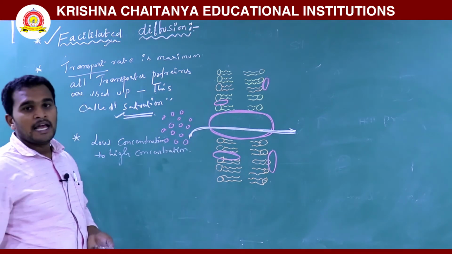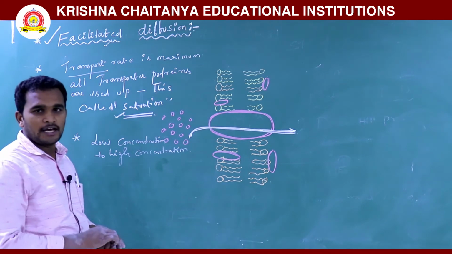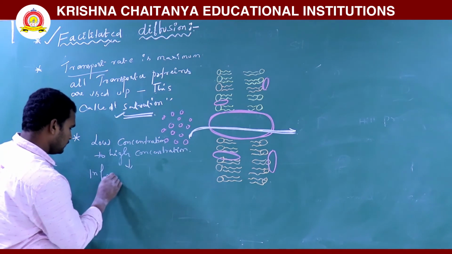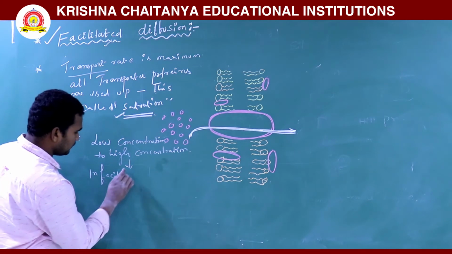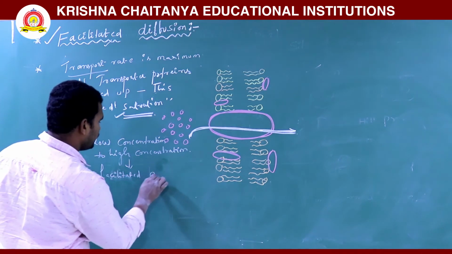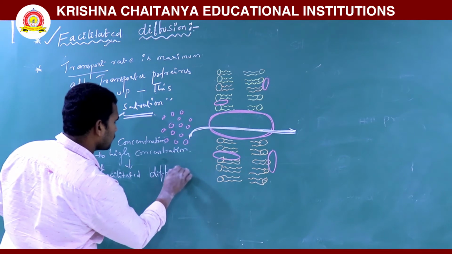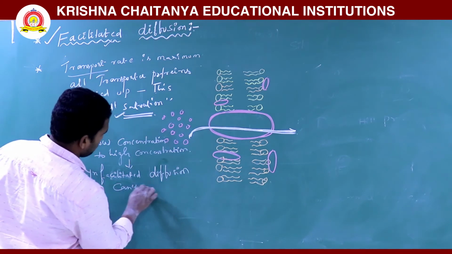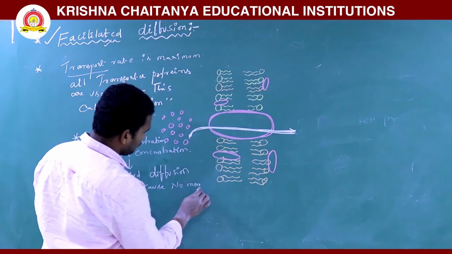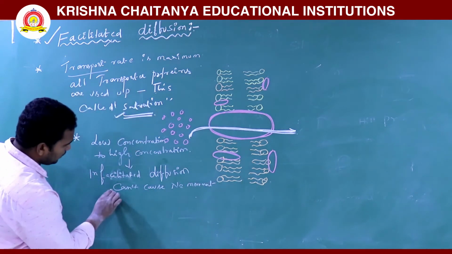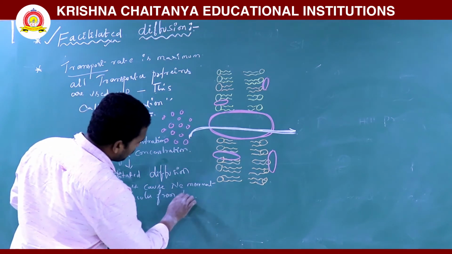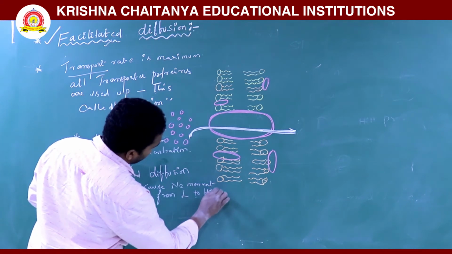In facilitated diffusion, there cannot be net movement of molecules from low concentration to high concentration.